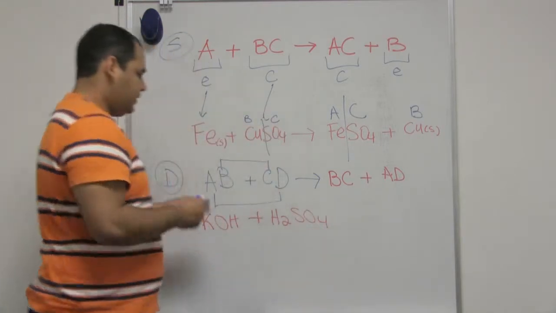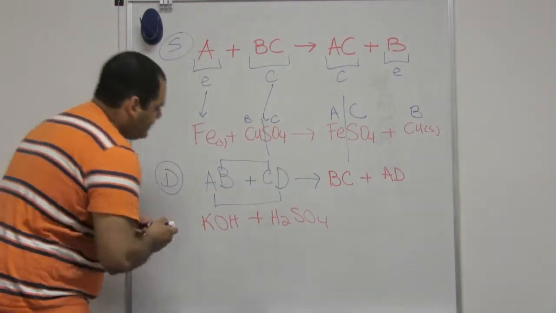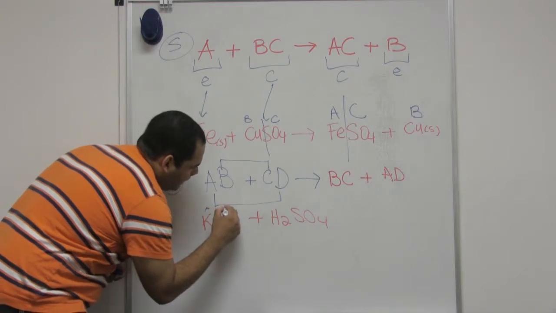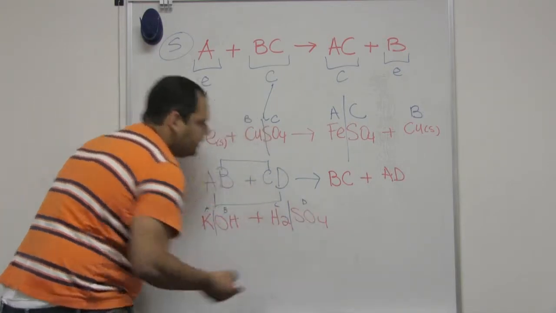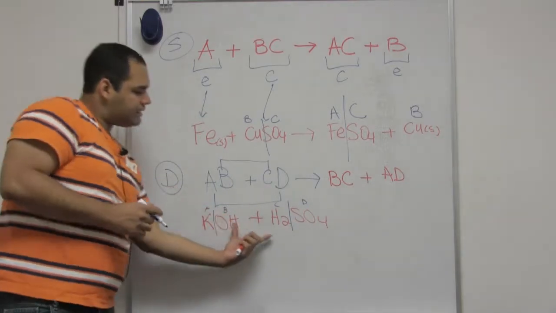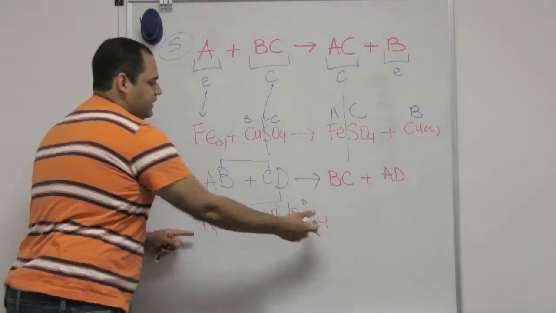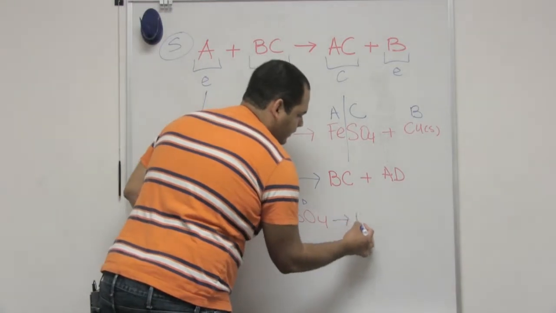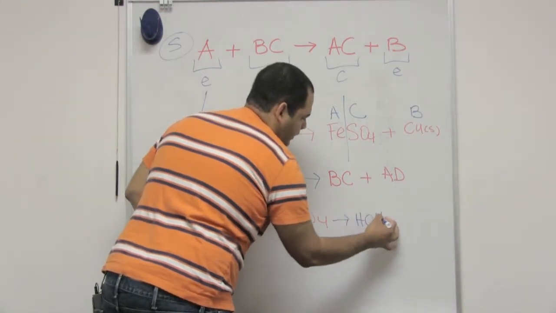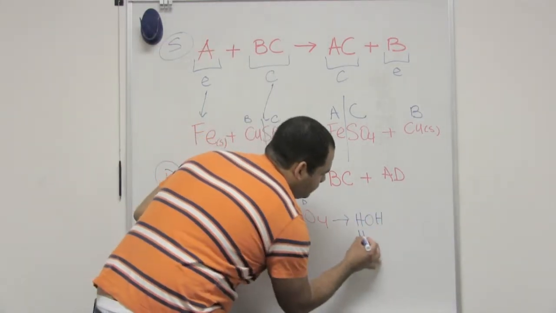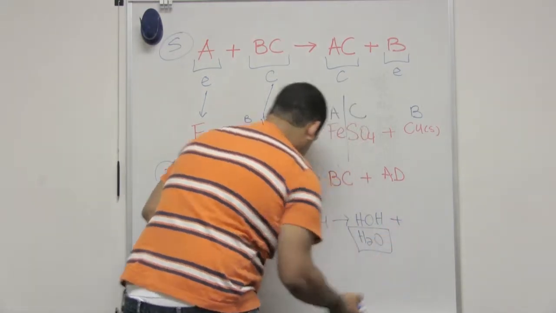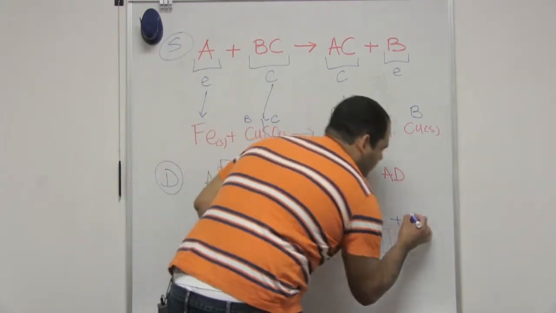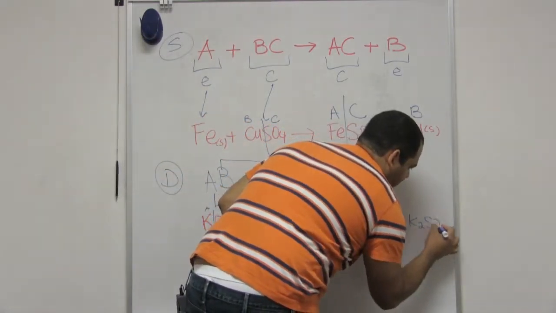If I was going to write it, this is my A, B, C, and D. Now I know that it's insides and then outsides. So HOH, that I can call H2O, it's water, plus K2SO4.